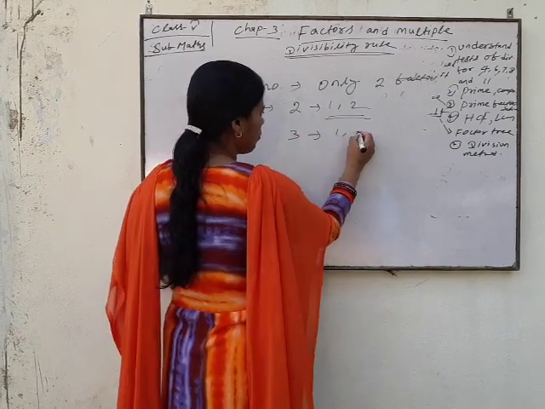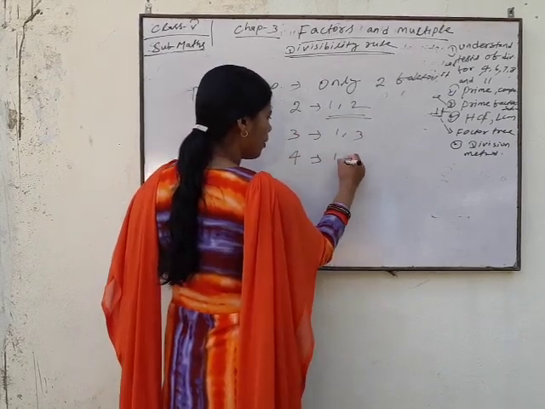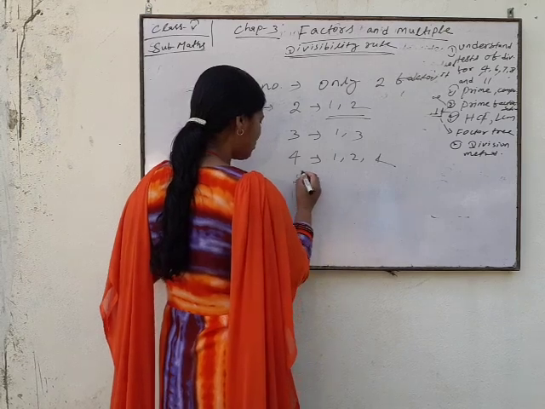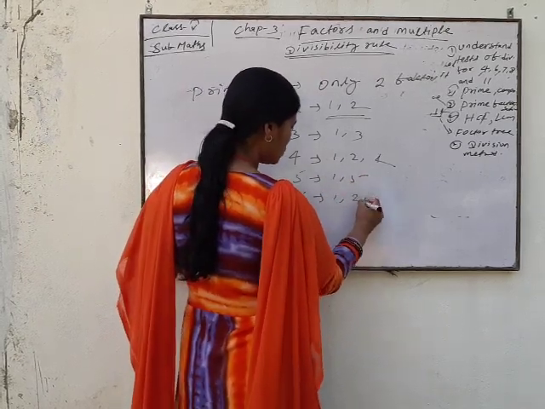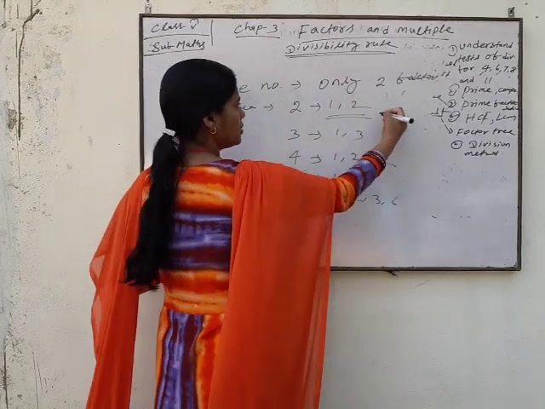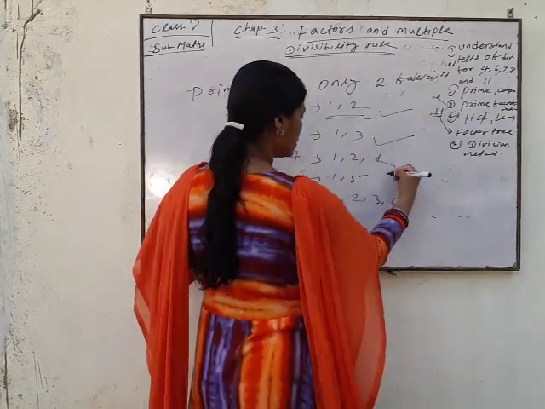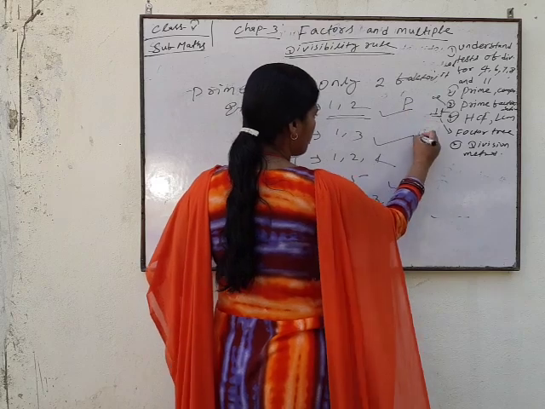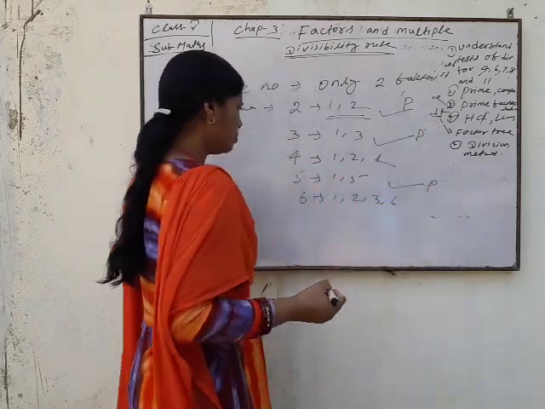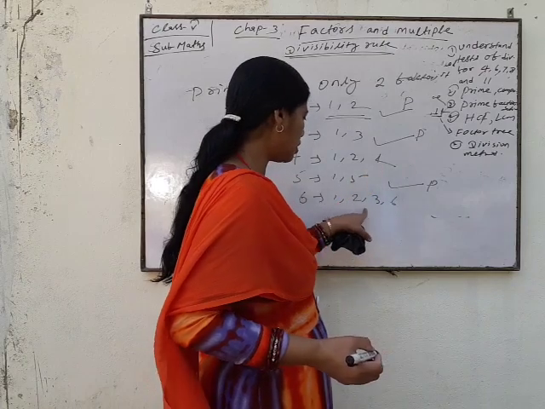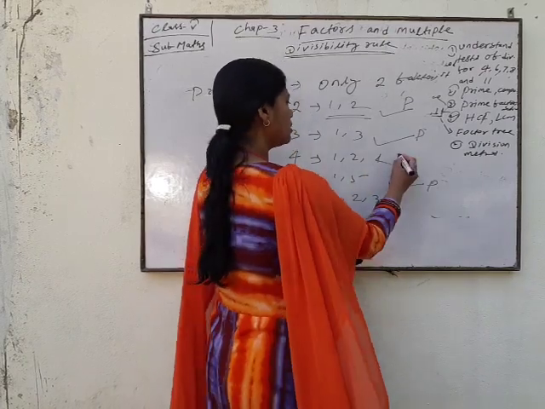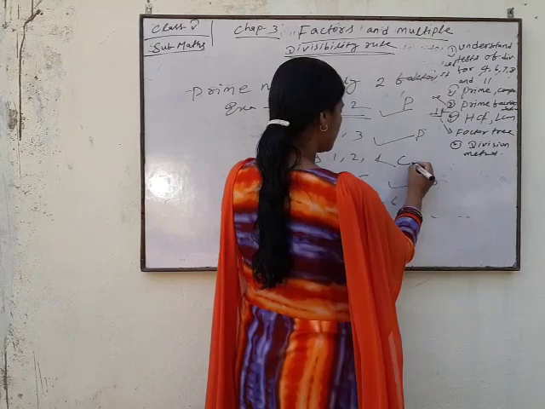3: 1, 3. 4: 1, 2, 4. And 5, and 6: 1, 2, 3, 6. Look here, 2 factors here, 2 here, so these are prime numbers. But 4 has more than 2 factors, and 6 also has more than 2 factors. So these are composite numbers.